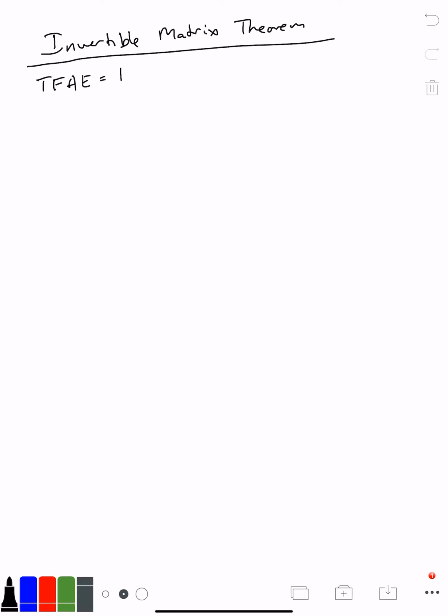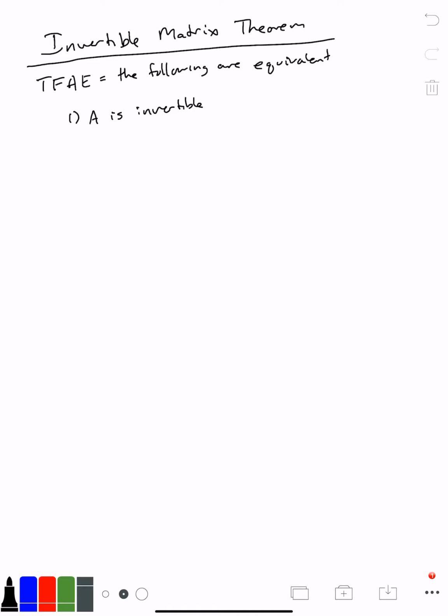Mathematically, it's shorthand for "the following are equivalent." And what that means is that I'm going to give you a long list of things here. And if any one of them are true, then they are all true. And if any one of them are false, then they are all false. So the first thing I will say is A is invertible.